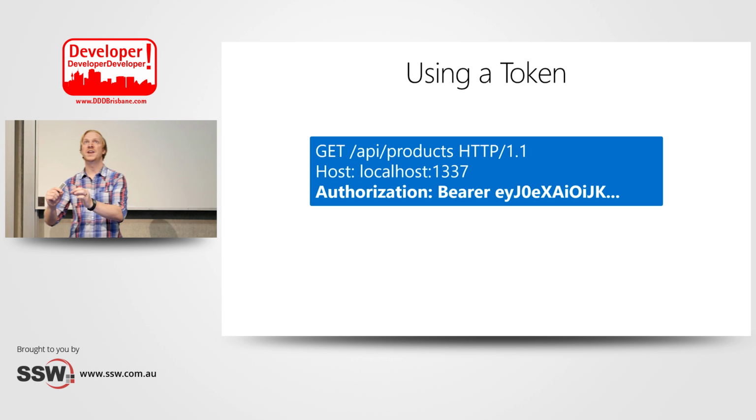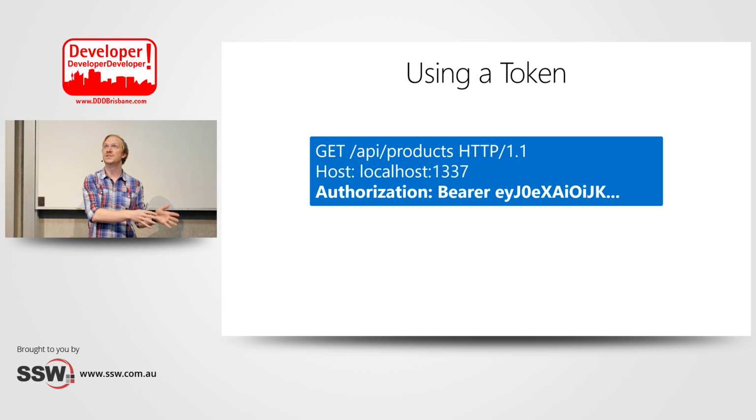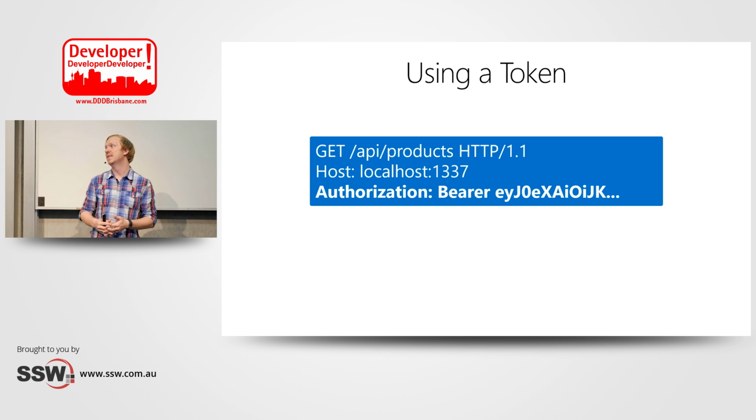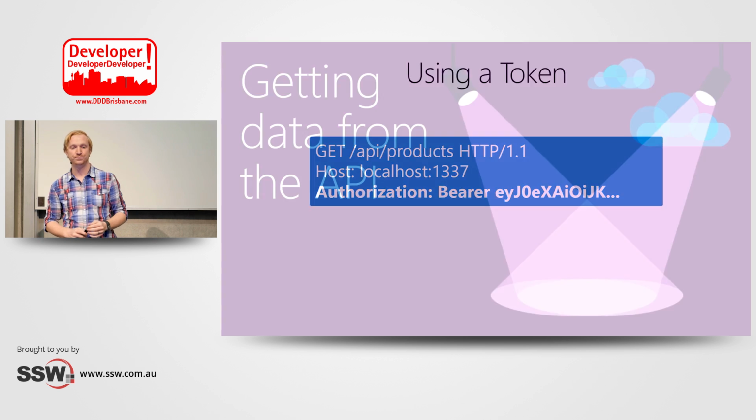So remember, we set up in the API where the OAuth server lives and who the audience is and so forth. When the API itself sees this token, it's going to validate the signature. It's going to go off and ask the OAuth server if it's still valid. So there's a lot of things happening in the background to make sure that no one tampered with your tokens.